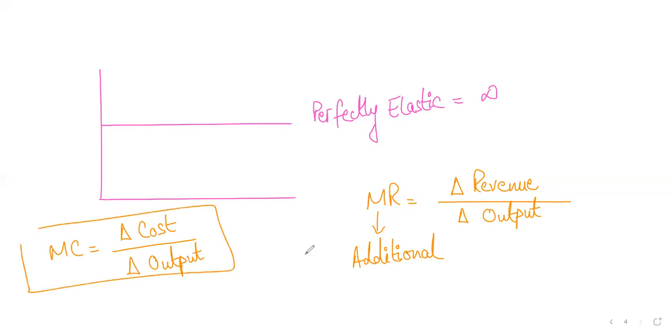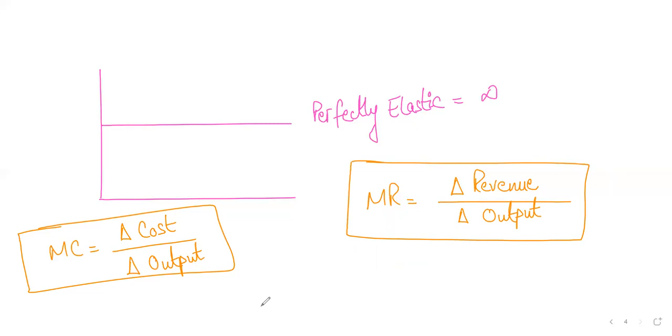This is something that you need to remember. Apart from the definition, you also need to know how we calculate each of these two variables. Is this making sense? If there's any confusion, anything that's not clear, please ask me, because we will be using these two terms again and again repeatedly.